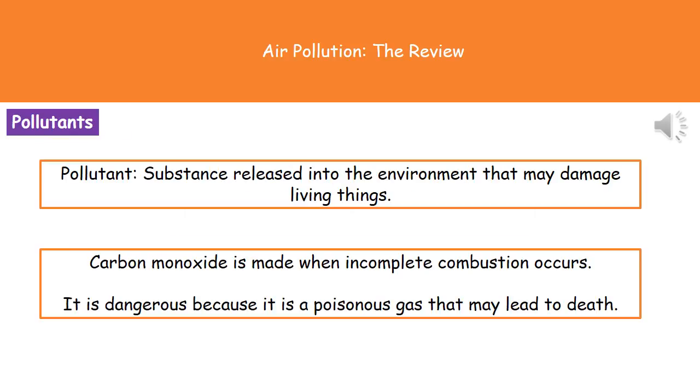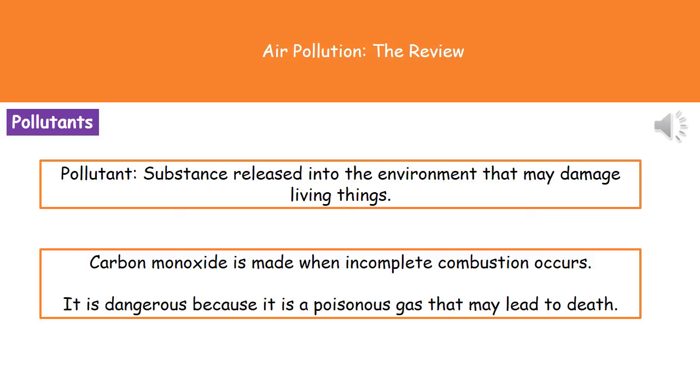If we think about pollutants, what we're referring to there is a substance that's released into the environment that may damage living things. So these pollutants might be of the air, they could be of the water, so it's any substance that may damage living things that we're releasing into the environment. Now the first one we need to consider is carbon monoxide, which we've already mentioned when we looked at incomplete combustion.